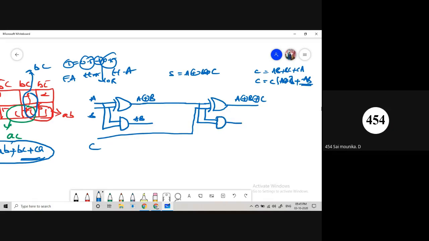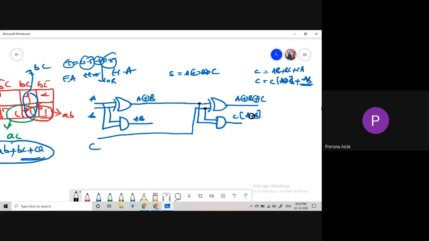C into A XOR B. One input is C and the other is A XOR B, so the AND gate gives C into A XOR B.